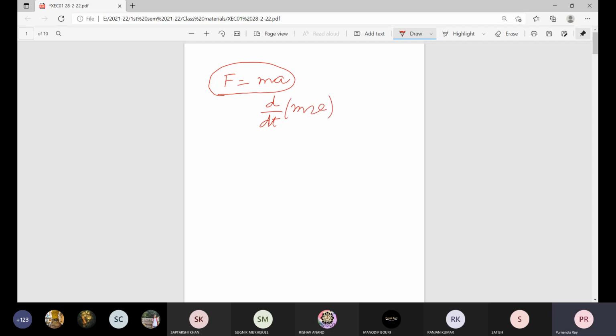Now, can you remember, if it is linear momentum, was there another name for momentum? Angular momentum. Impulse. Impulse is F into T. So what about the rate of change of angular momentum? Torque.